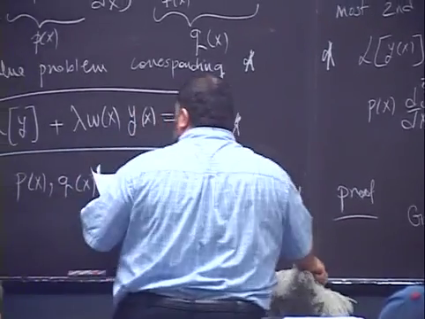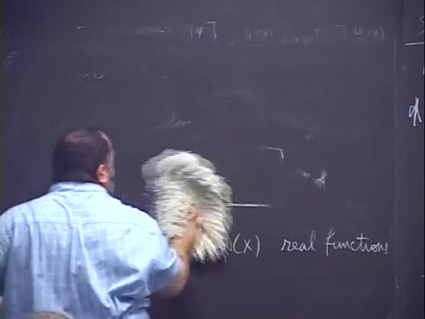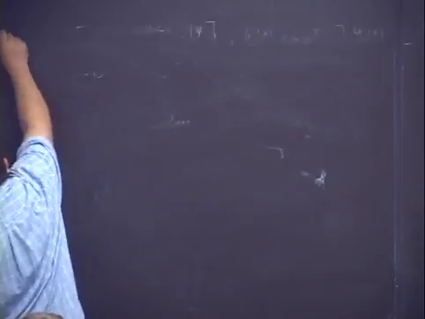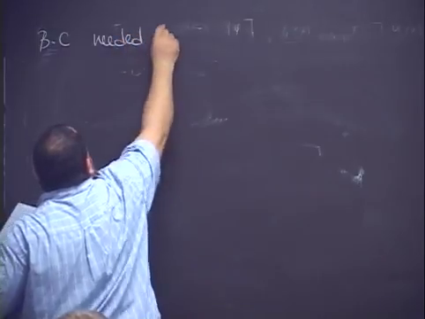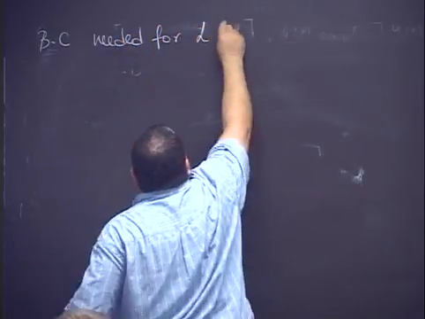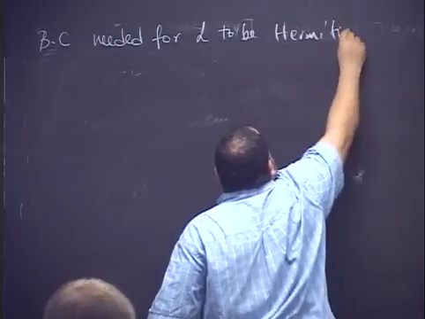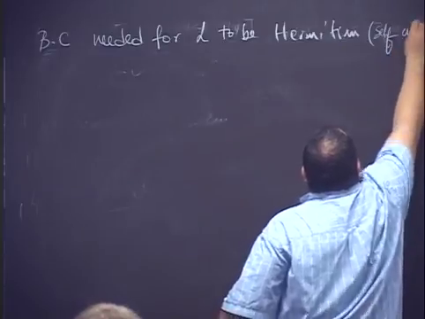So let's look for the boundary conditions needed for L to be Hermitian, self-adjoint.